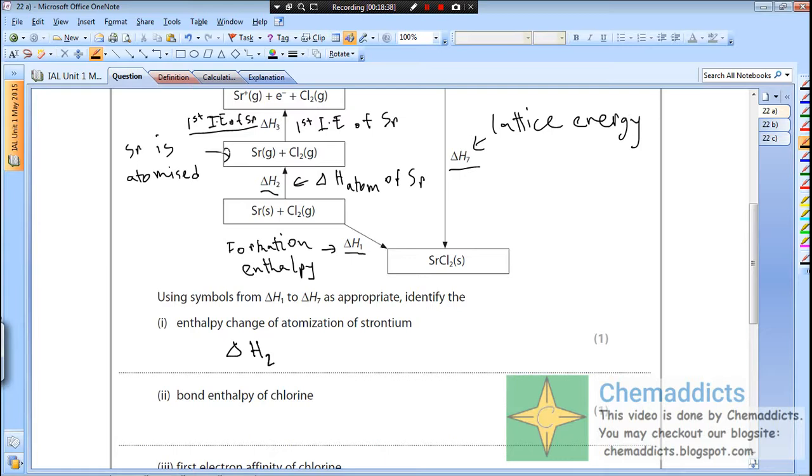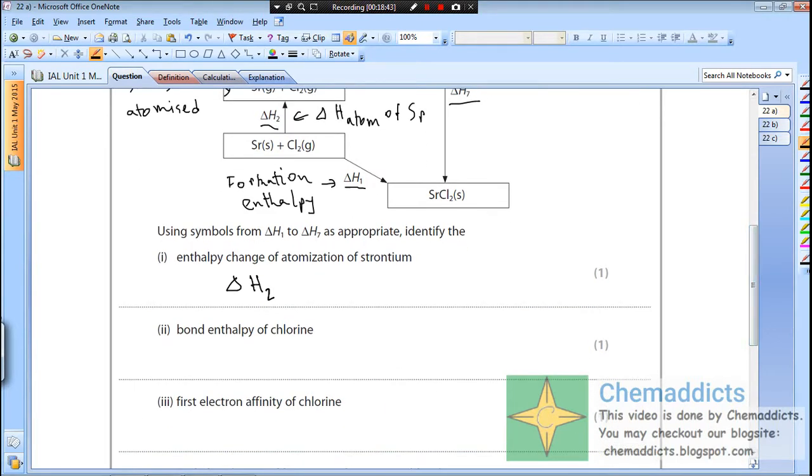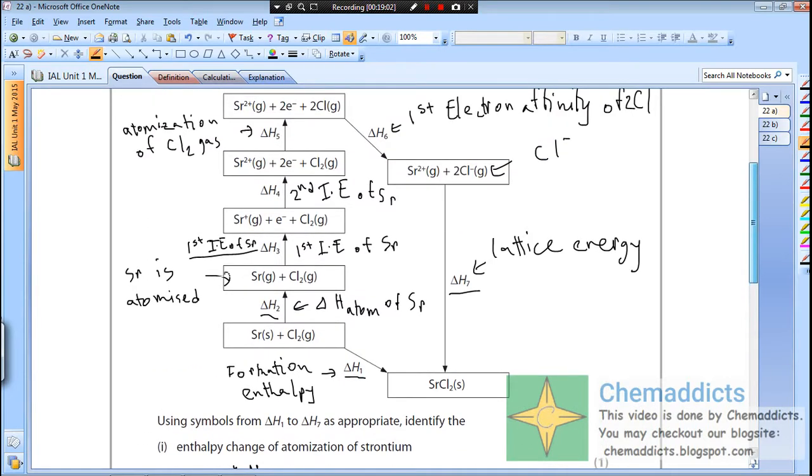Okay, now let us answer this. The bond enthalpy of chlorine. What does bond enthalpy mean? Bond enthalpy simply means the bonds are broken. So the energy required to break the bonds is called the bond enthalpy. So let us see where the bonds are broken in chlorine.